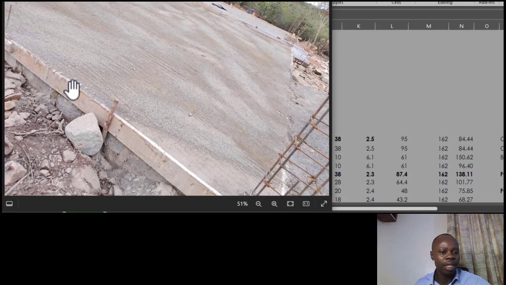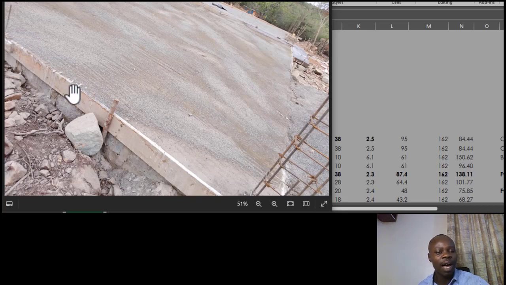So with this illustration, it's easier for you to understand that when you are estimating for the plinths, you need to get the total length to the outside face of the wall, or you can use the same length that you use for the formwork of the edges of the slab, and then you multiply by a given girth.